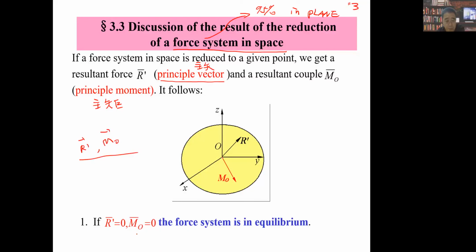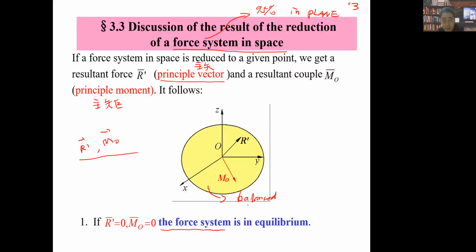This is actually the best result we want to encounter. Why? If R prime equals 0 and MO equals 0, it means the force system is in equilibrium, so the body is in a state of balance.